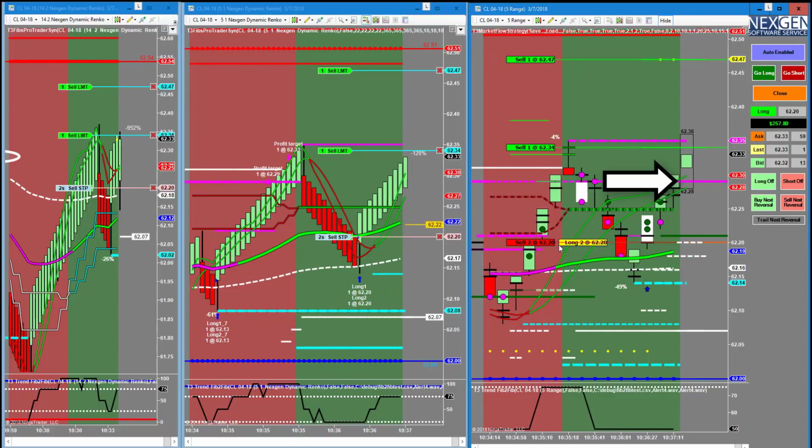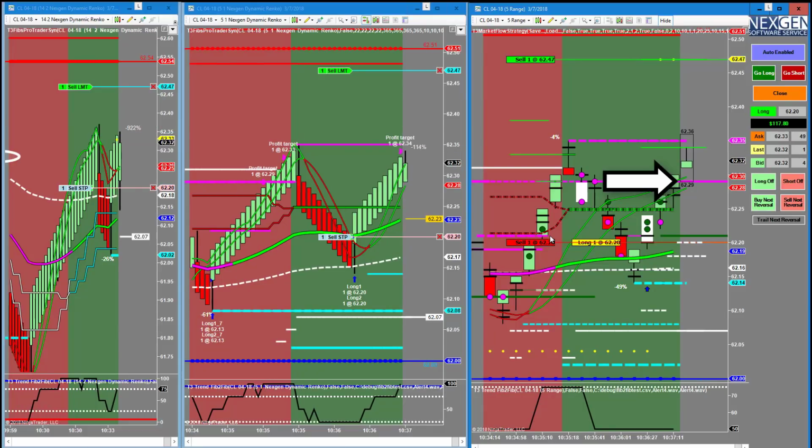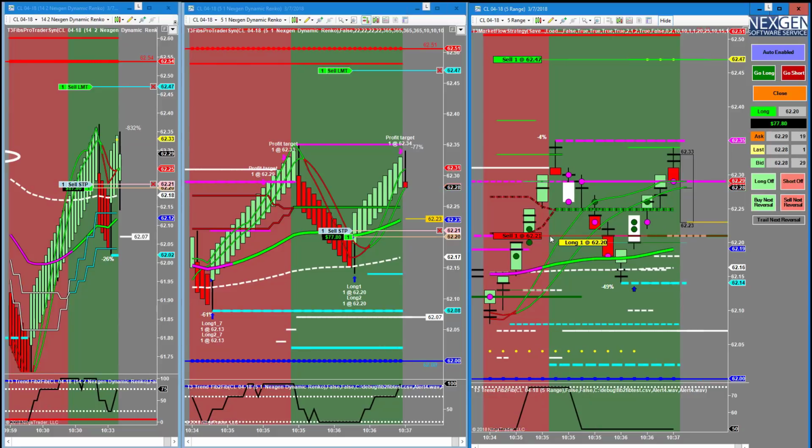Order filled. So we've got super favorable big chart. We've got super favorable triggers on our range bar chart. Easily made the first profit target just below our prior support or resistance, prior pivot. Now, we have to decide, do we want to stay in this thing and try to hang in there until we get up to resistance, or do we want to get out of our position?